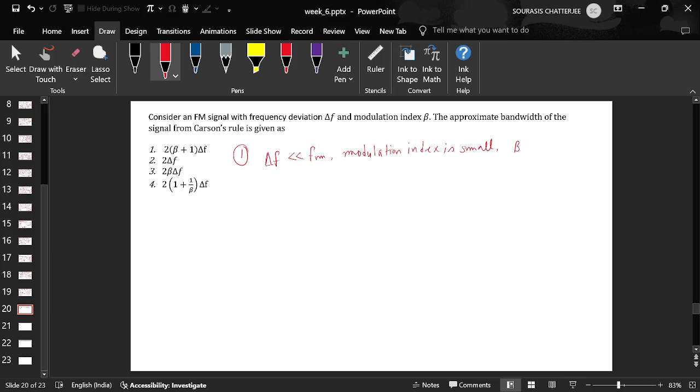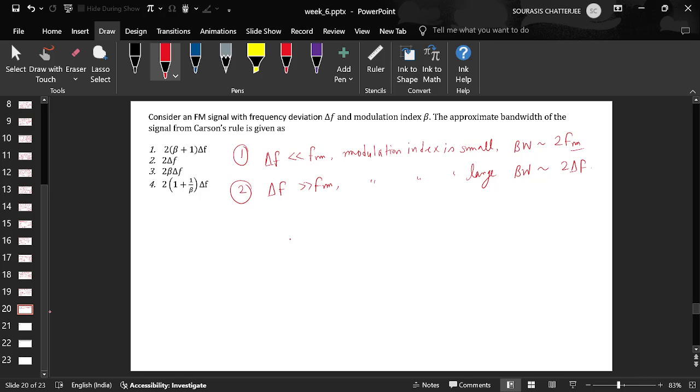In that case your bandwidth is almost equal to twice the maximum frequency component of your message signal. And the second case is when your peak frequency deviation is much greater than the maximum frequency component of the message signal, then the modulation index is large, and in that case your bandwidth approaches 2 times the peak frequency deviation.